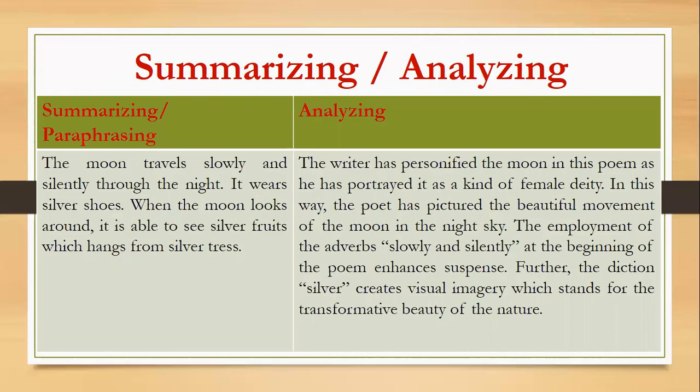This is what you should not do in the exam paper. The examiner expects you to analyze the text. You can read to understand how those two lines are analyzed.